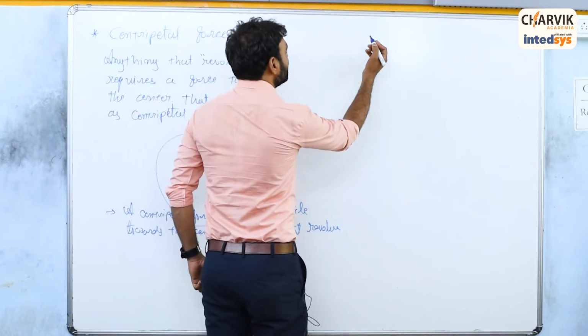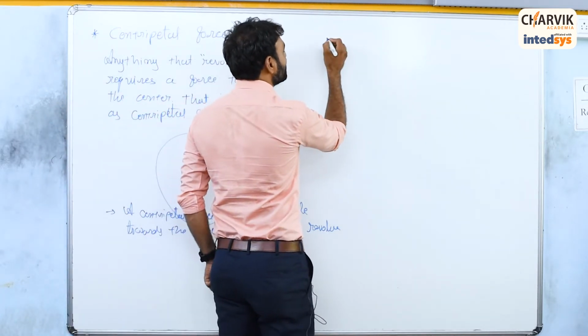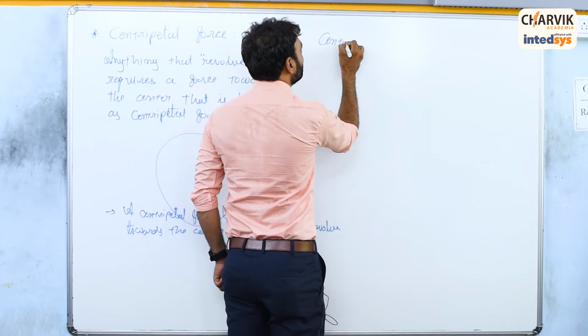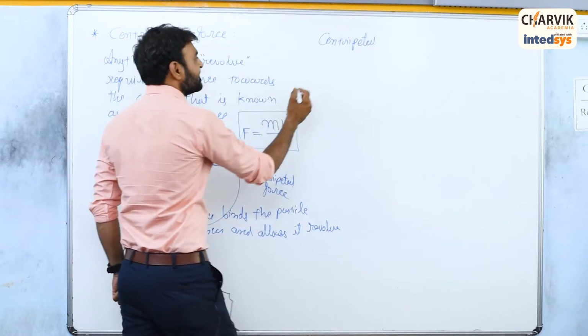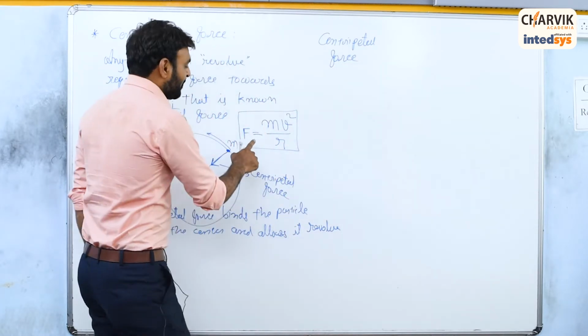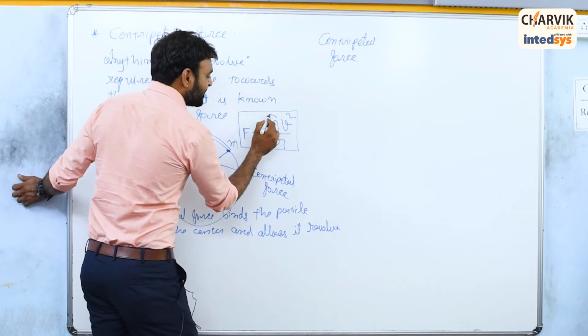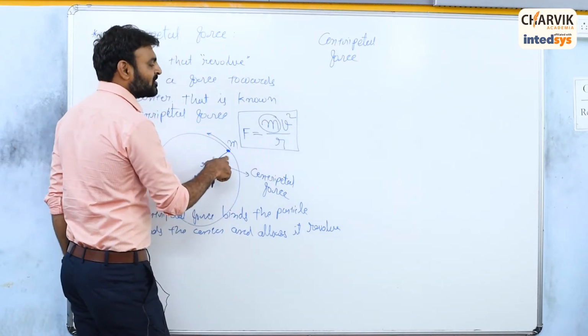Now listen to me carefully, there is another part of this formula. Look at that formula closely. The mass of the particle which is revolving over the circle is a constant value.